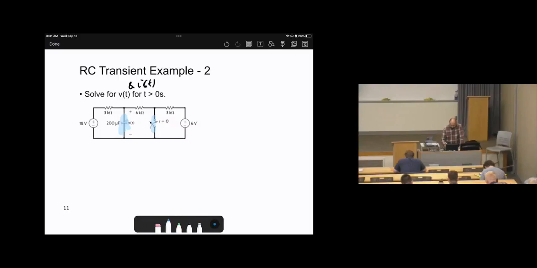So the first step, you need to write a general solution, which is Vc of t equals Vc of infinity minus, between brackets, Vc of infinity minus Vc of 0, e power negative t over tau.